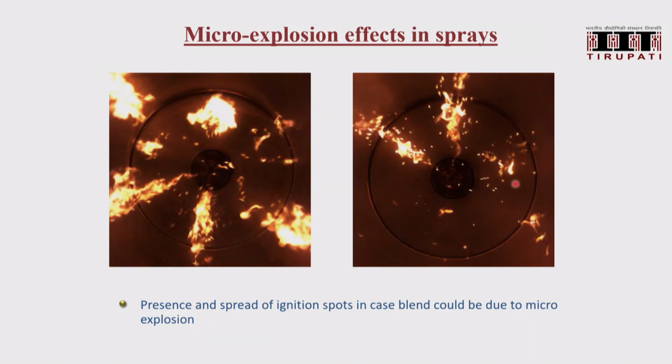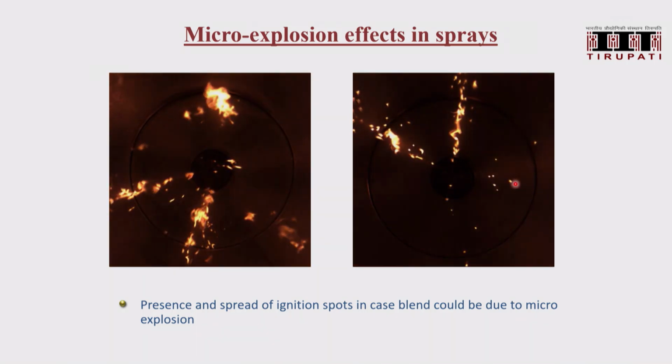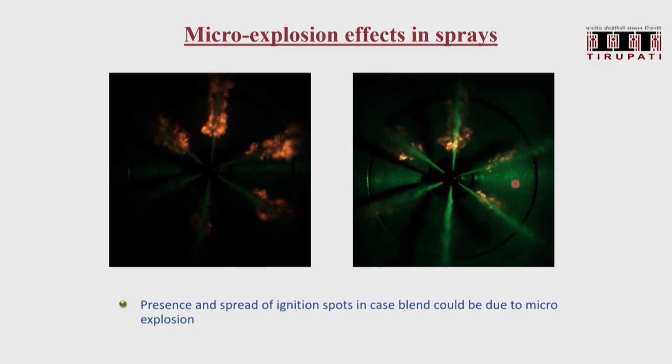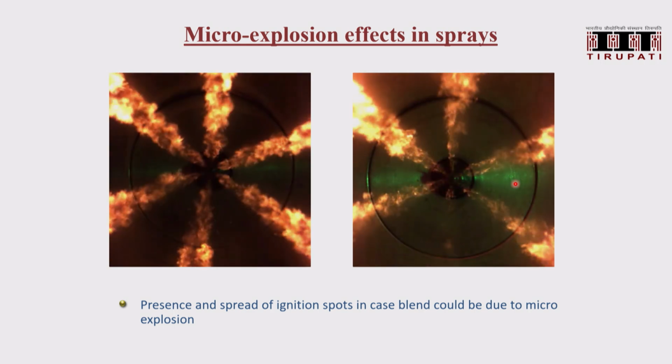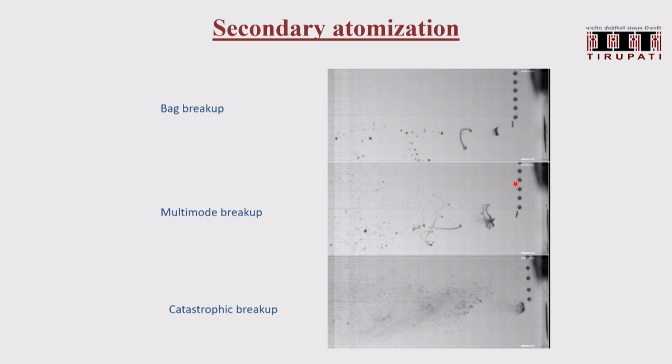So what happens? The other simple technique used here is this. There is a train of drops going in, and this is called secondary atomization. The bulk liquid breaking is called primary atomization.